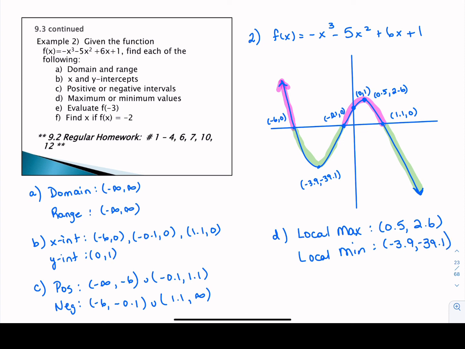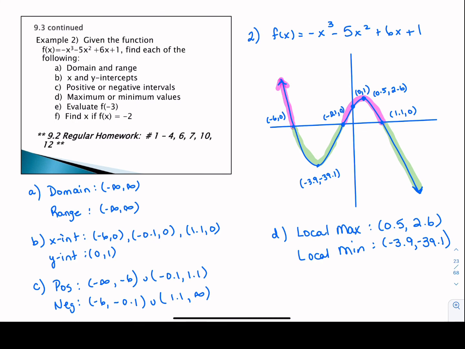So we've been able to find all of those points of analysis based on those critical values that we found on your calculator originally. The next part of our analysis asks you to evaluate f at -3. Just a quick reminder, whatever's sitting inside those brackets is your replacement for x.